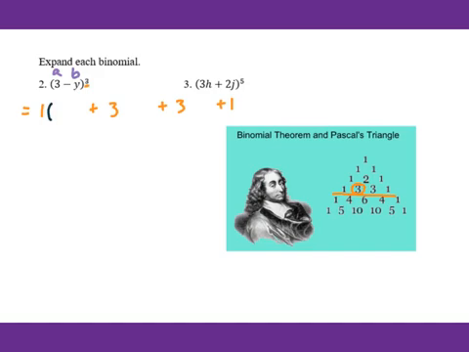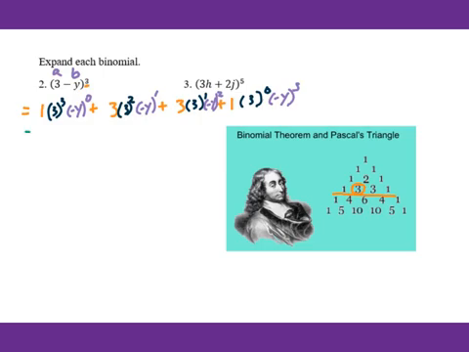Therefore, we got 3 to the third power, 3 squared, 3 to the first power, then 3 to the 0 power. Then go to negative y to the 0 power, negative y to the first power, negative y squared, then negative y to the third power.